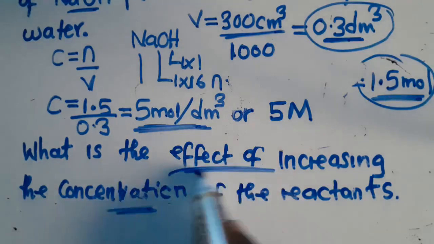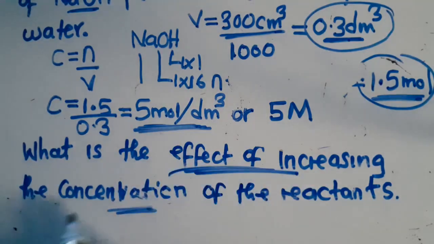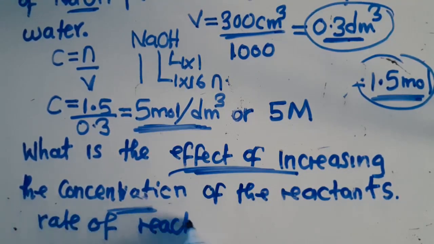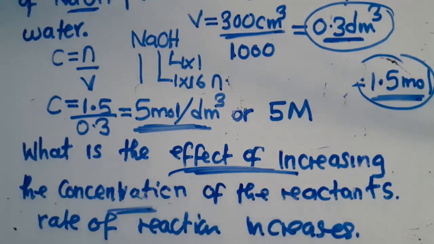So here, the effect of this is that the rate of reaction increases. This is what you need to know and understand. So these are the answers that we are supposed to get.